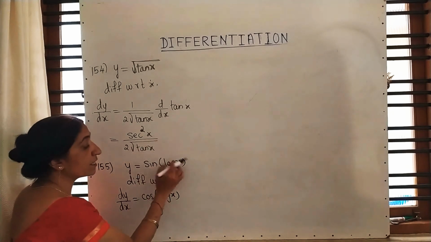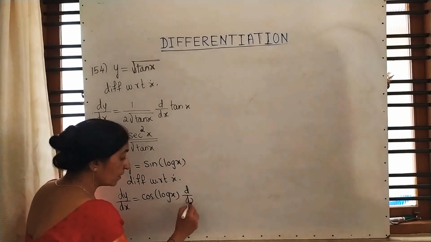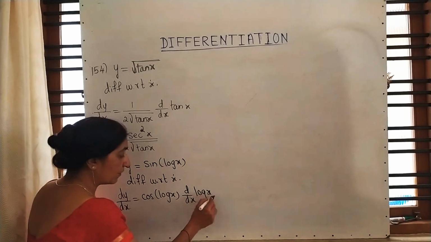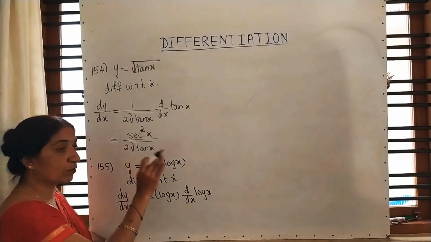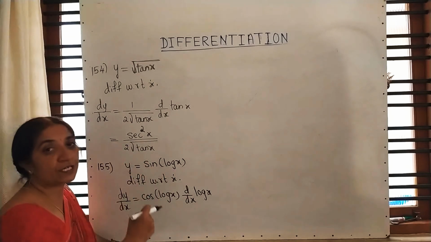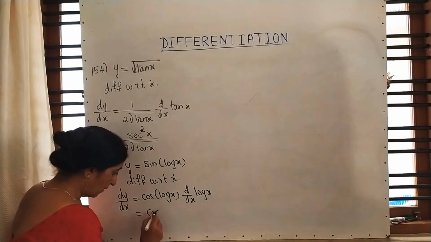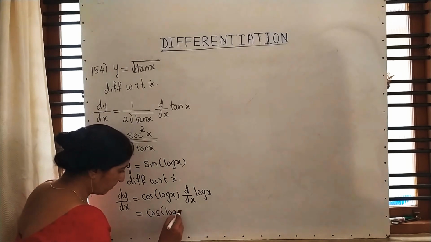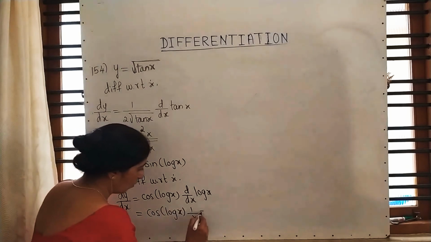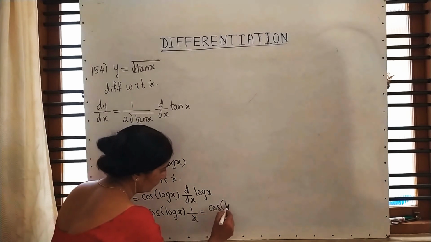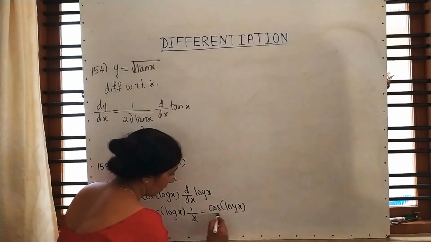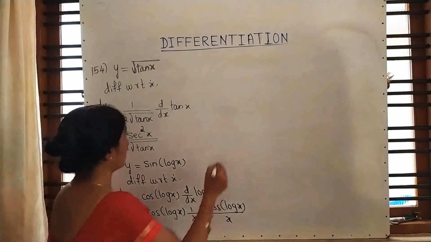Here the angle is other than x, so differentiate that angle as I gave the rule. First power. Here there is no power. That's why we are differentiating the trigonometric term first. After the trigonometric term, the angle: cos log x into 1 by x, or you can write cos log x divided by x.